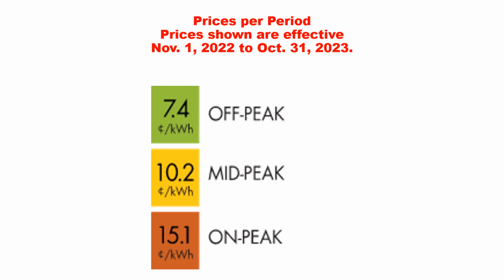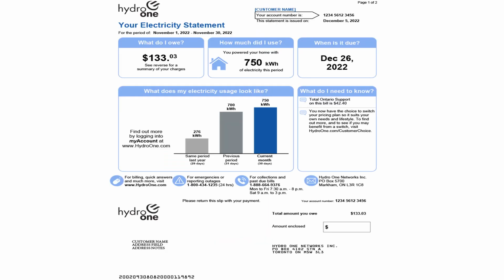Similarly, if you have a party and you have an electric range, cook most of the things on the weekend, and then you can use them later on. Now here is your bill, and I will show you the second page.